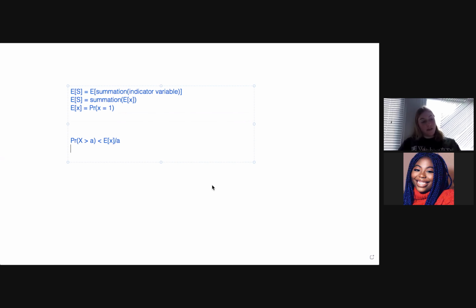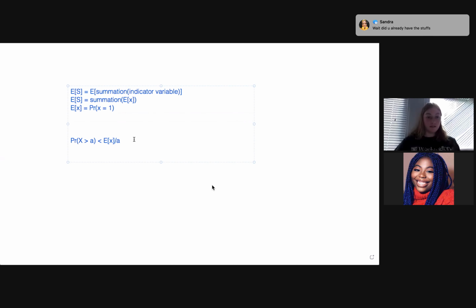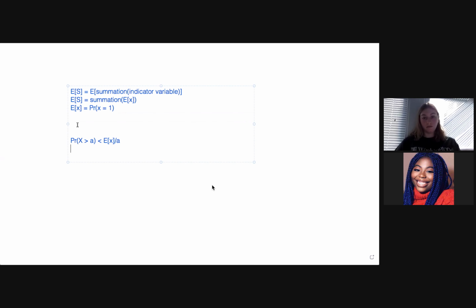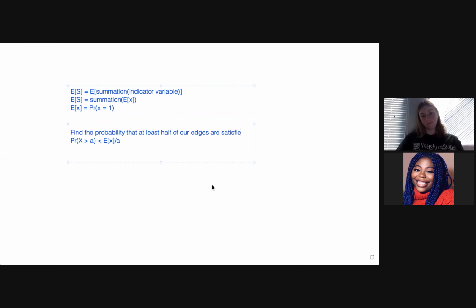And the way you can leverage this is, we're essentially trying to find the probability that at least half of our edges are satisfied, right?